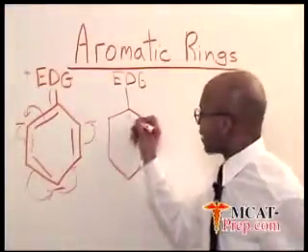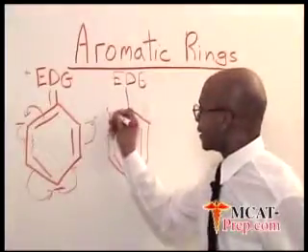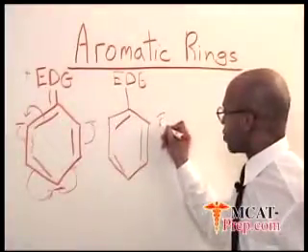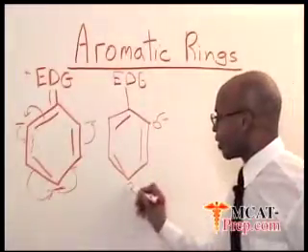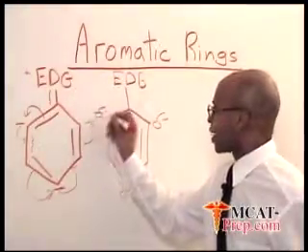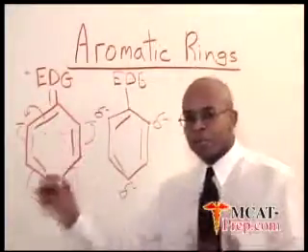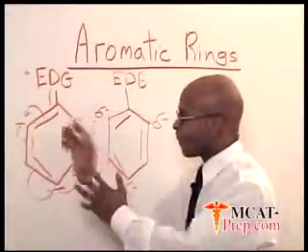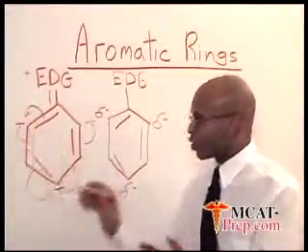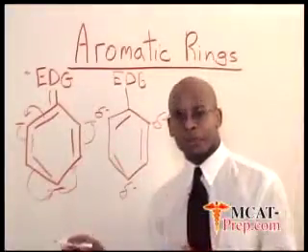What would happen is that we would have our bonds here, and we would have these positions as being partially negative. Because these are resonance structures that we can write, as these negative charges move in the ring, they're really delocalized over the ring.